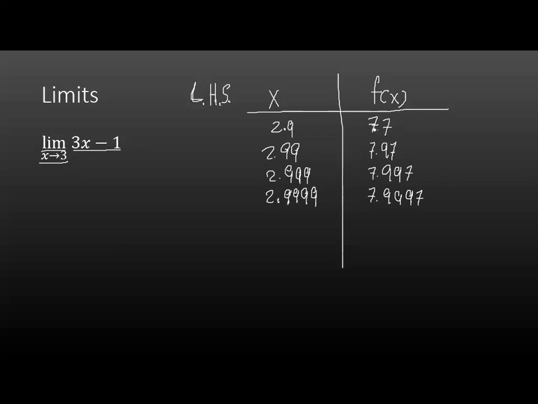The results are 7.7, 7.97, 7.997, 7.9997. So as x approaches 3, it approaches 8. All right? Because these values are approaching what number? They're approaching 8, right? So that's for the left.